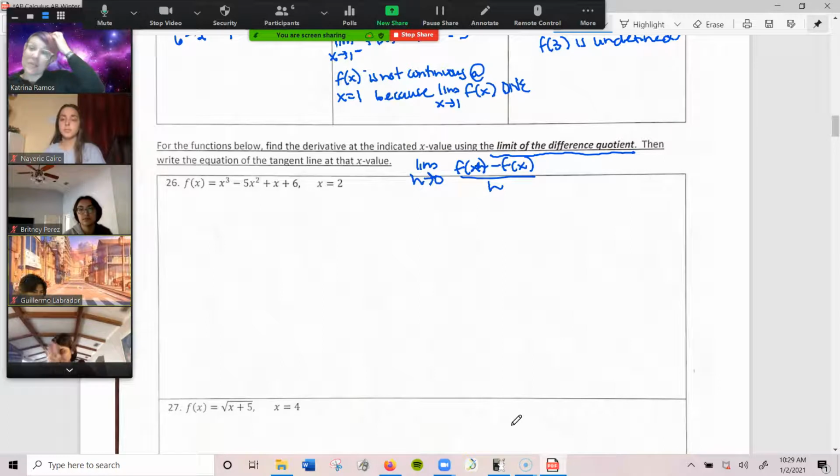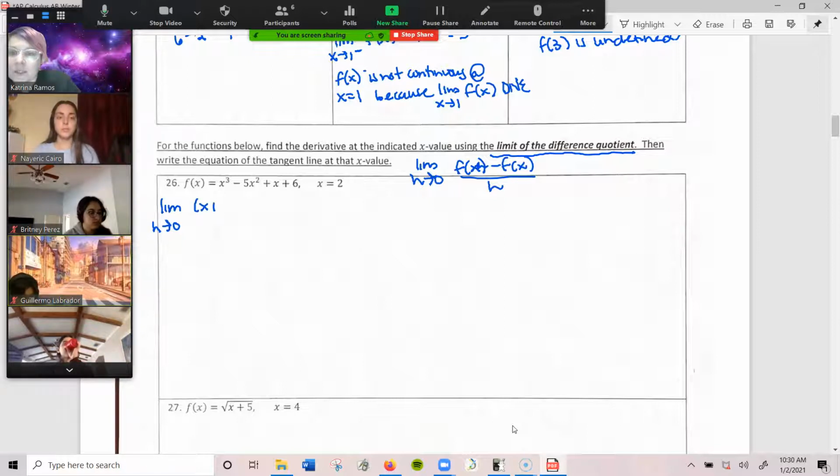All right. So this is going to take me a little bit, just saying. First we need to get the limit as h is approaching 0 of f of x plus h. Wherever I see an x, I'm going to put x plus h.